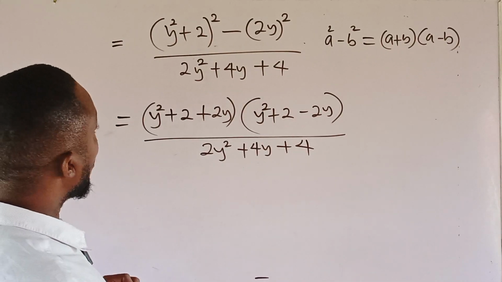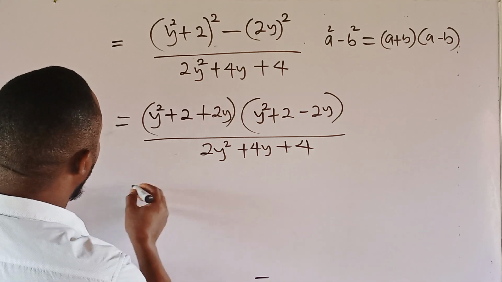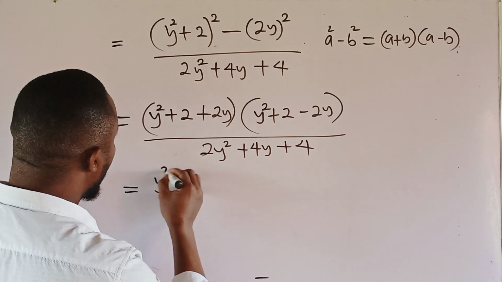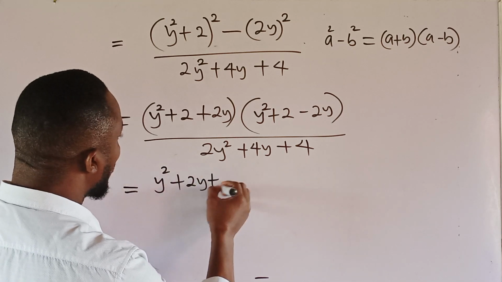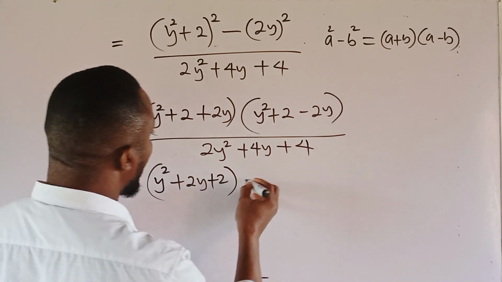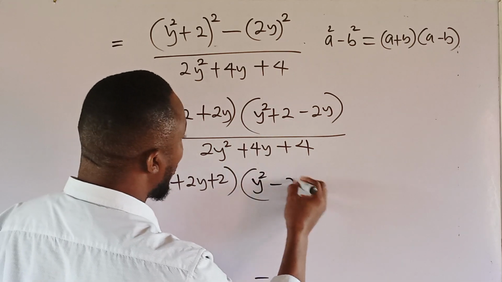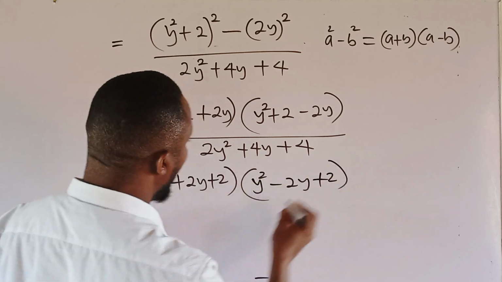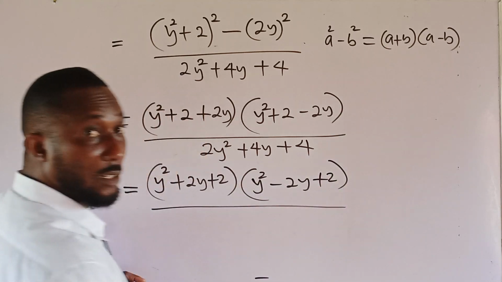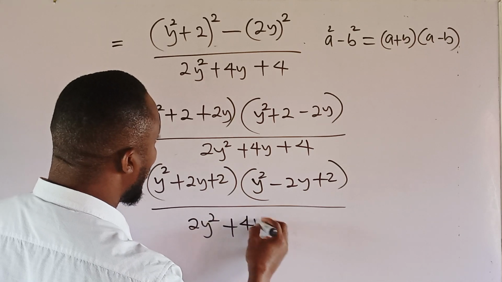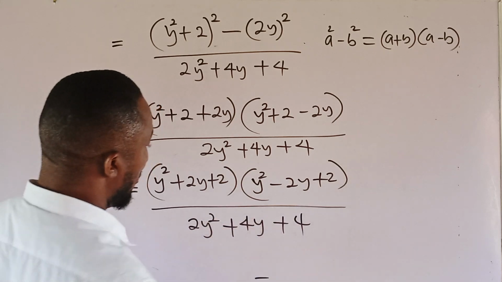The next thing I'm going to do is to clean this up. So we have y squared plus 2y plus 2 in one parenthesis multiplied by y squared minus 2y plus 2 in the second parenthesis, all upon 2y squared plus 4y plus 4.